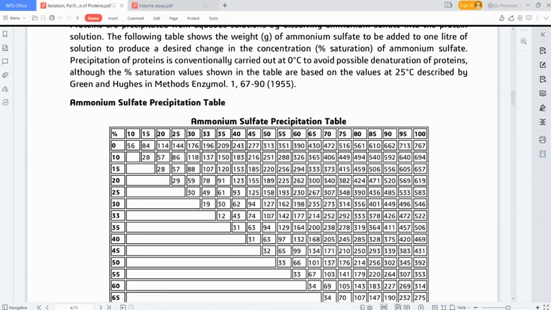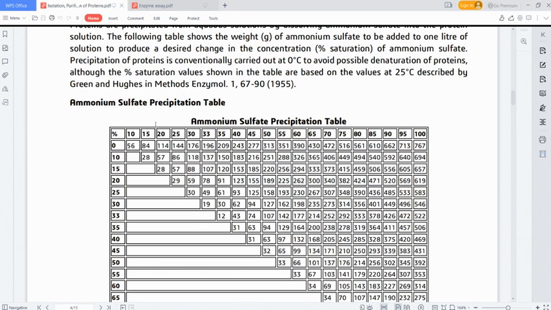Say 1, 2, 3, up to 20. So we get 20 tubes and we pour 10 mils of our protein solution.